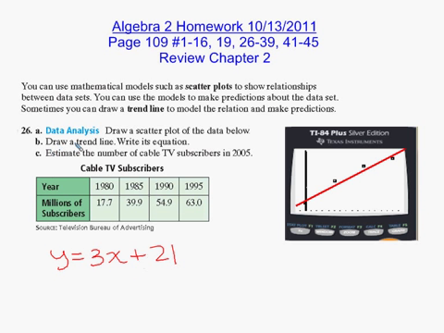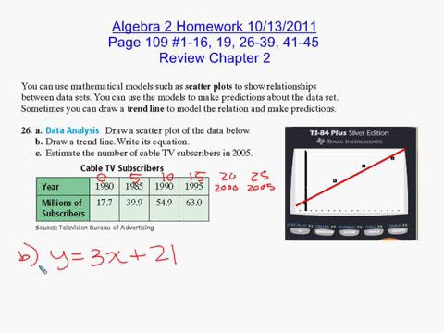Okay. That's the equation. Now we need to estimate the number of cable TV subscribers in 2005. Well, 2005, according to this, if this is year 0 and this is year 5 and 10 and 15 and 20 and 25, this is where 2000 would be, and this would be 2005. So you'd have to go out to 25 for the x value.